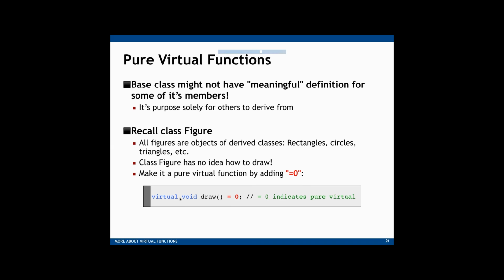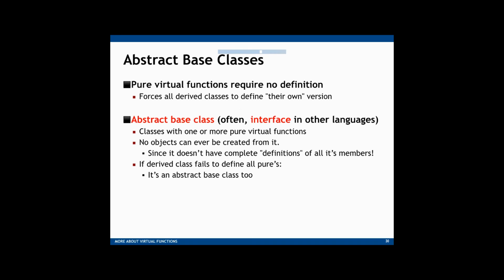The 0 indicates this is a pure virtual function. By doing this, you don't need to give a definition of the function. As shown here, pure virtual functions require no definitions.